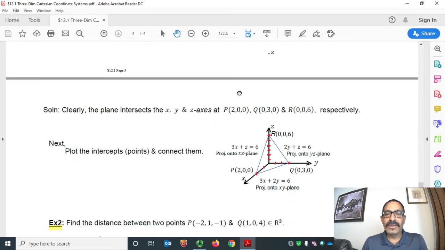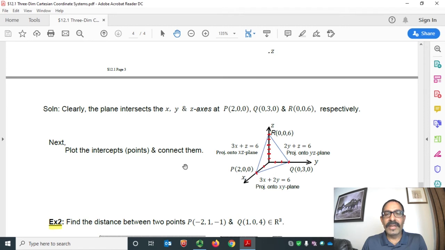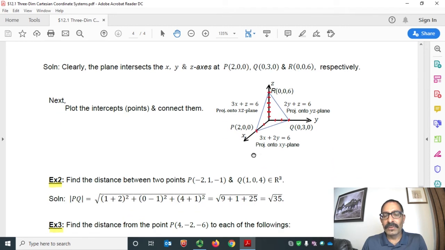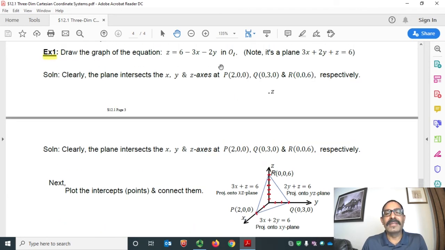Then plot these intercept points and connect them. So this is the x-axis, this is the y-axis, this is the z-axis. This is the point P, this is the point Q, this is the point R, and we join those points. Now this is the graph of this plane or this equation.